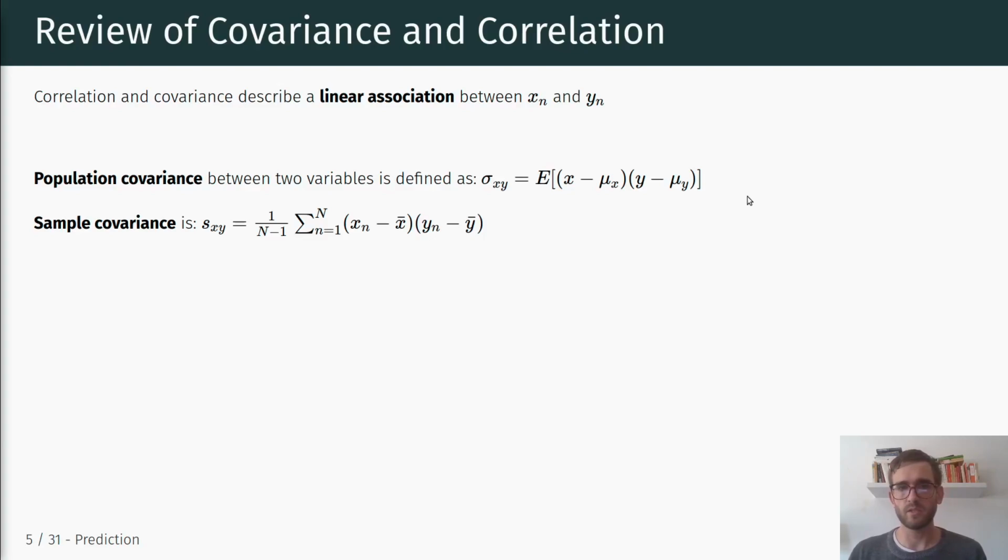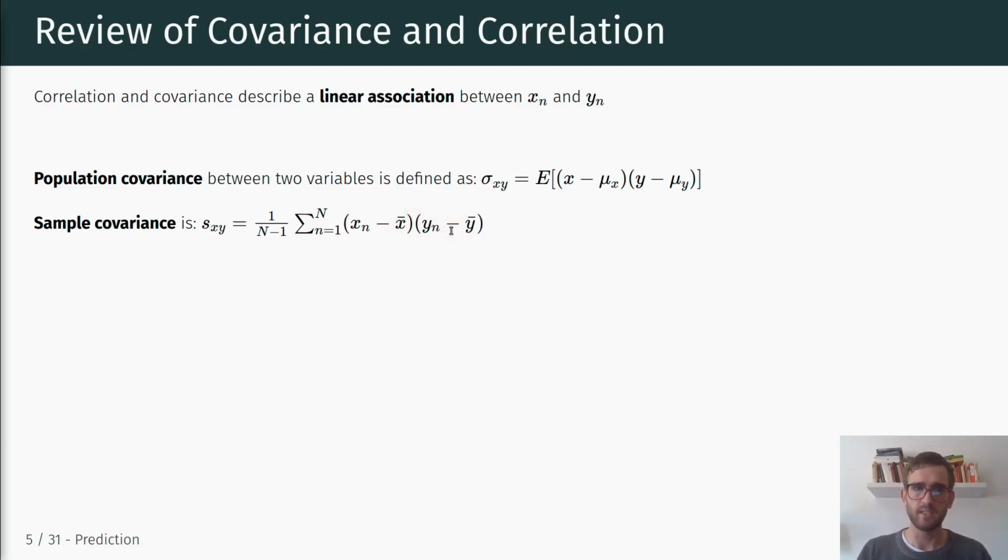We also, of course, don't observe the entire population. What we usually observe is a sample, and the sample covariance is then an estimator, or an estimate of the population covariance, and that is 1 over n minus 1 times the sum from n equals 1 through capital N of xn minus x bar times yn minus y bar, right?